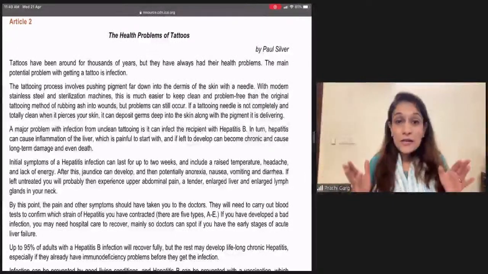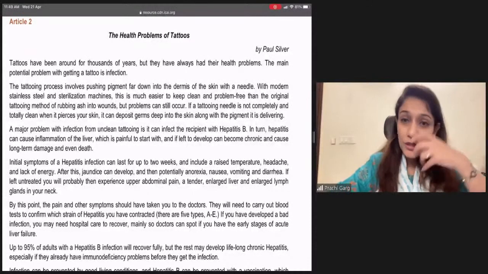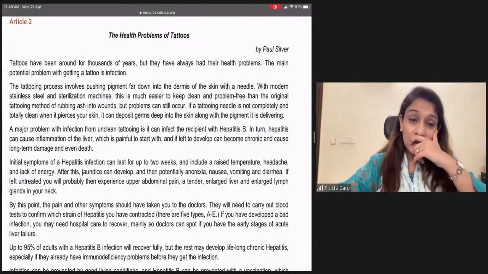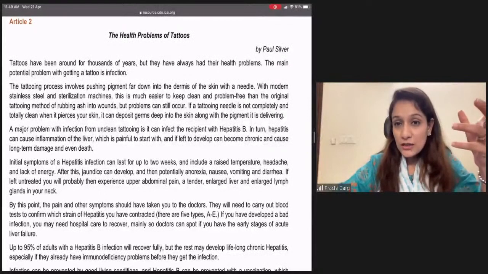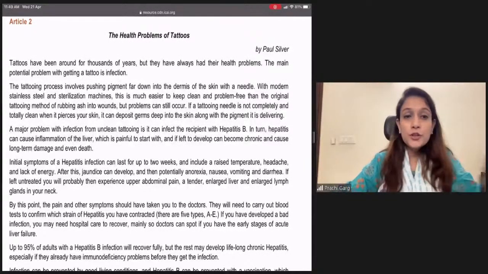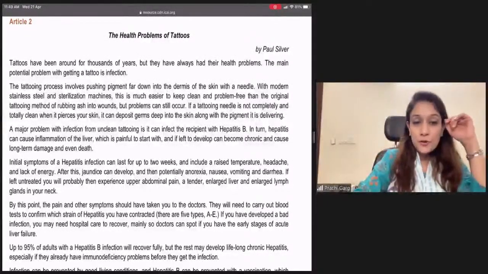Just imagine, right? This got me into reading the article, thinking, okay, really? If I get a tattoo done, then I can get hepatitis B? So this is what your article should do. How many of you knew that you can get hepatitis B if you get a tattoo? Tell me, how many of you knew about this?